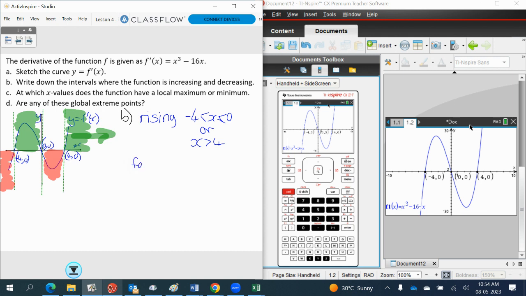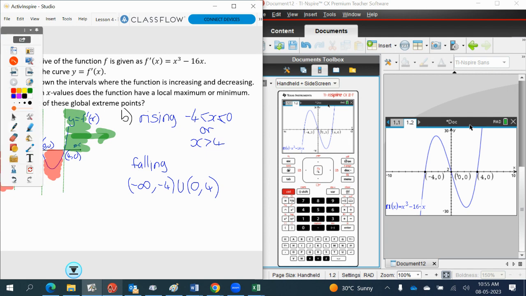It is falling, and I'll do this one using interval notation. It's going from negative infinity up to negative 4, and then another interval from 0 up to 4. You could use either of these two styles of notation to explain the intervals where it's rising and falling. So this is where it's falling, and this is where it's rising.